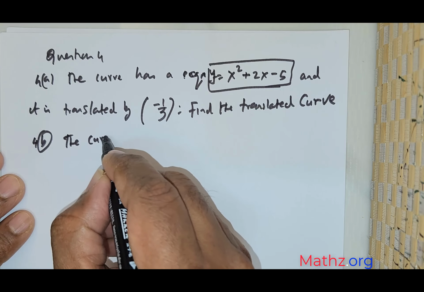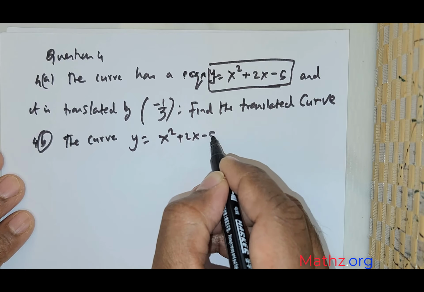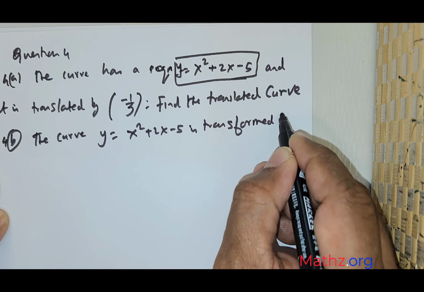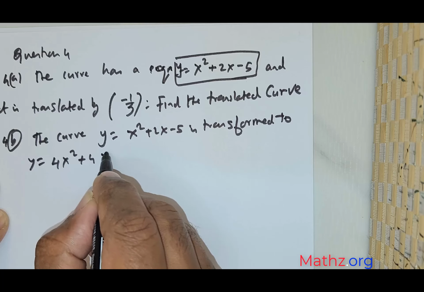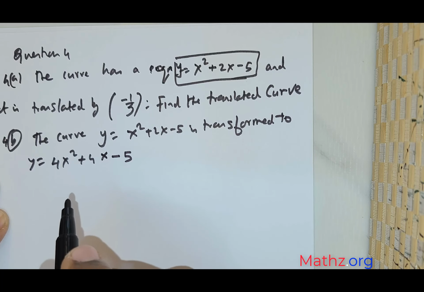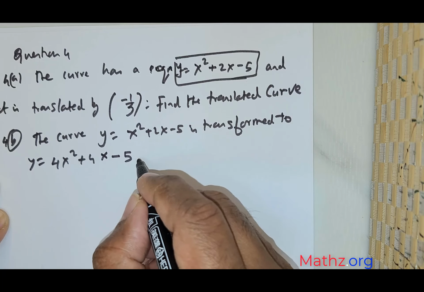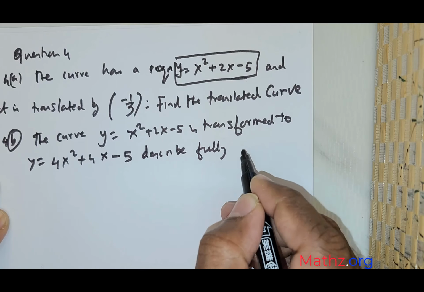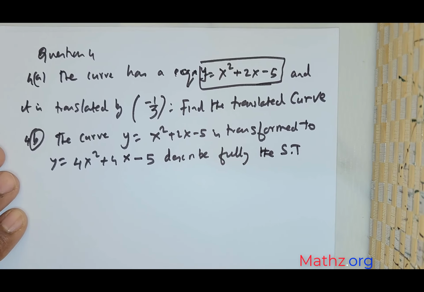The part B is the curve y = x squared + 2x - 5 is transformed to y = 4 times x squared + 4x - 5. Describe fully the single transformation that has been applied.